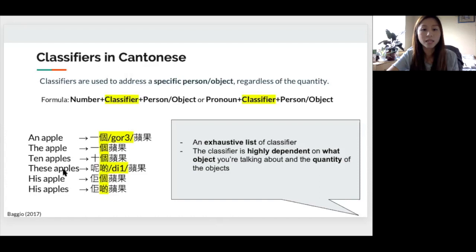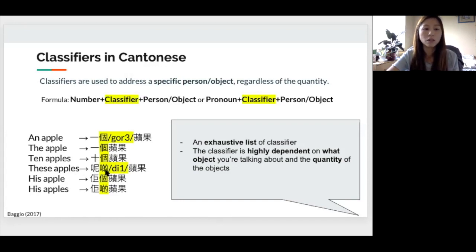Now look at these apples. These apples is 呢啲蘋果. The direct translation is this group of apple. The classifier has changed in here as the quantity is not specified and it is describing multiple apples. The classifier changed from 個 to 啲 in here. The rules also apply when you're using the third person pronoun.